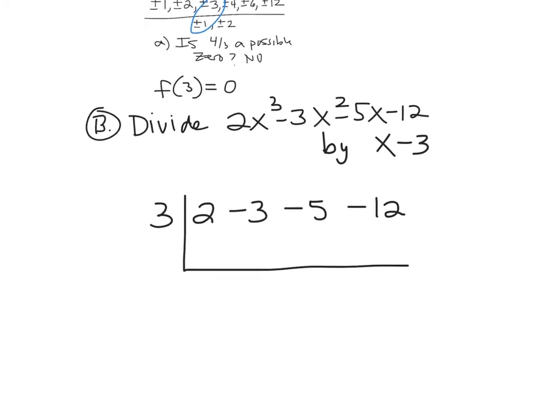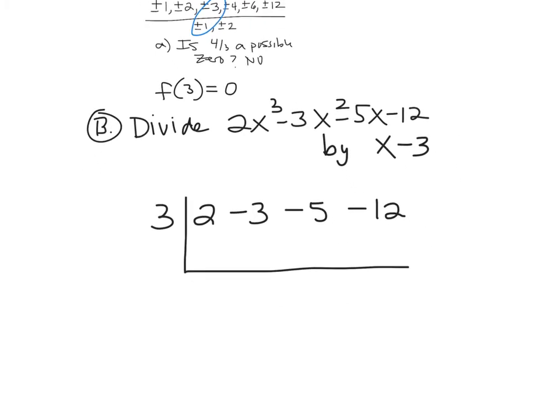Synthetic division is like always opposite of what you're used to. So we take positive 3, write it upside down, and we bring the 2 down. You're going to multiply. 2 times 3 is 6, and then what do you do with your columns? You add them. Okay? Long division, you subtract. Synthetic division, you add as you're going down.